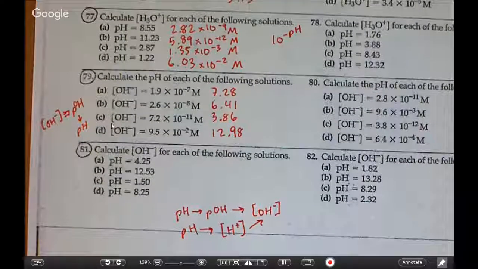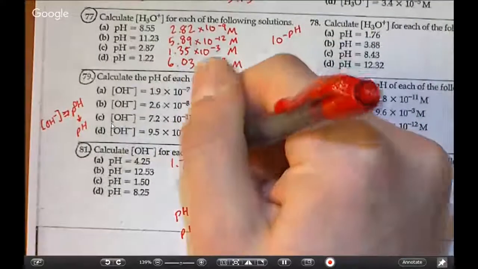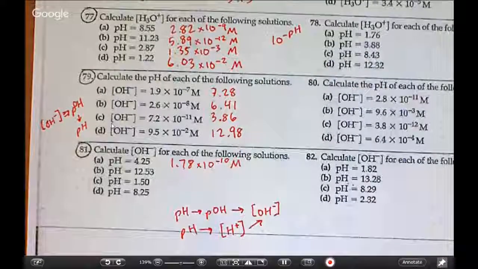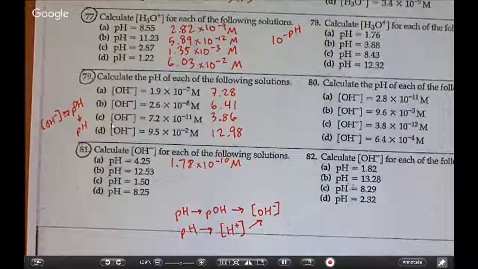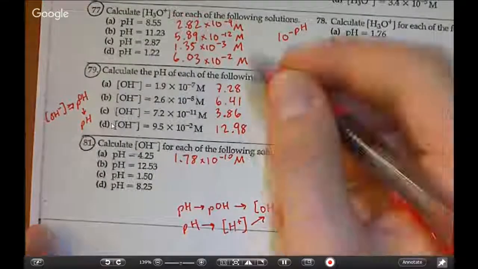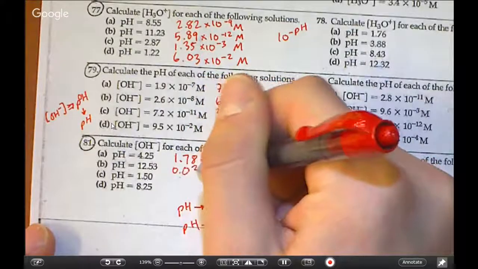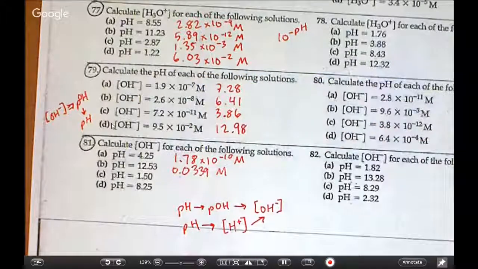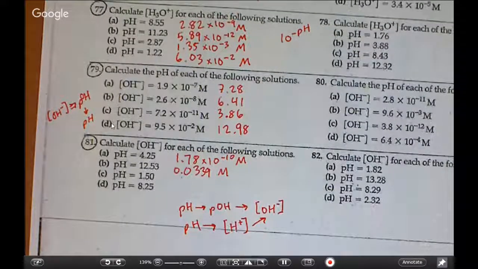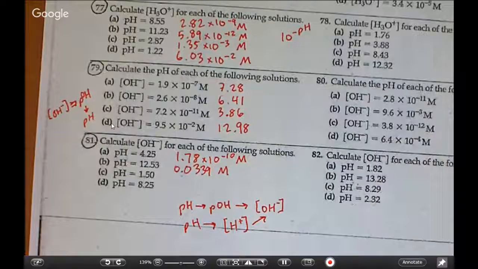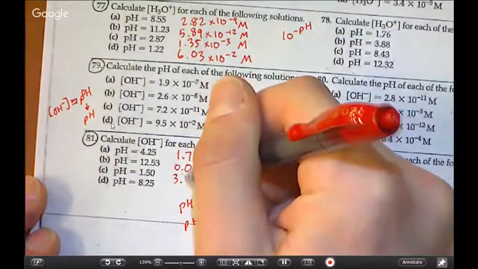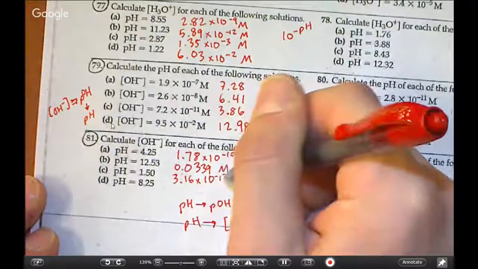Inverse negative log of that answer is 1.78 times 10 to the minus 10 molar. For C, we get 3.16 times 10 to the minus 13 molar.